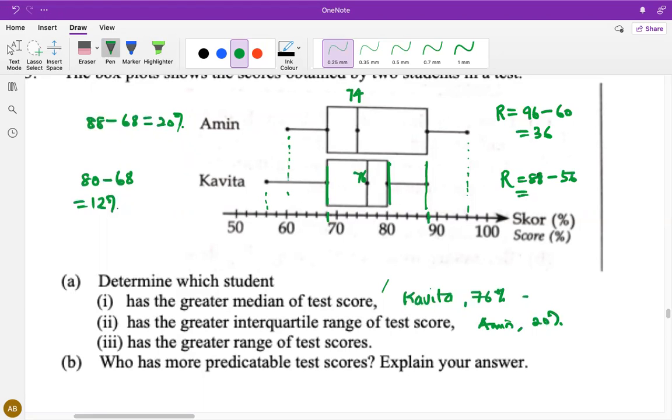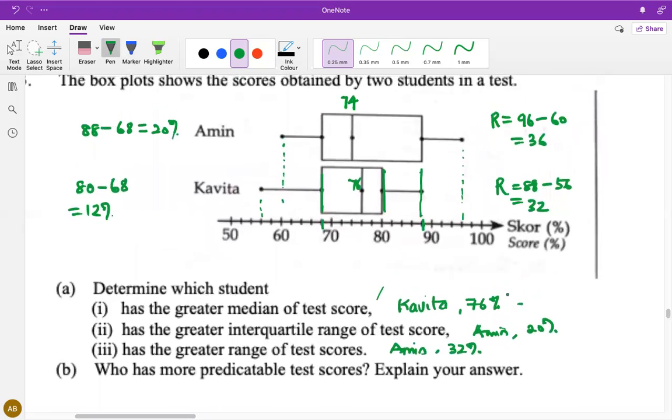Okay, 88 minus 56, so you get 32. So who has the greater range? That is Amin also. Okay, Amin has 36% of the range.